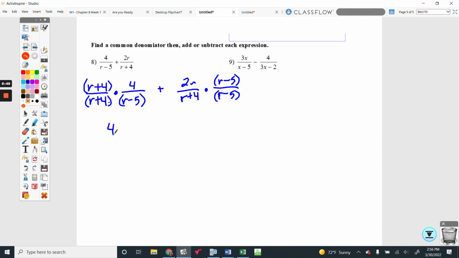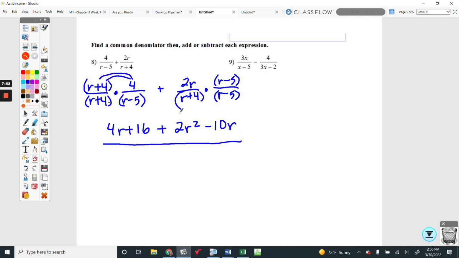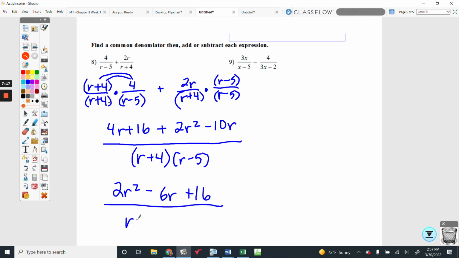And so I end up with 4r plus 16. I went ahead and distributed this 4 right through those, plus 2r squared minus 10r, all over a denominator of r plus 4 times r minus 5. My numerator then becomes 2r squared minus 6r plus 16, over r plus 4 and r minus 5.